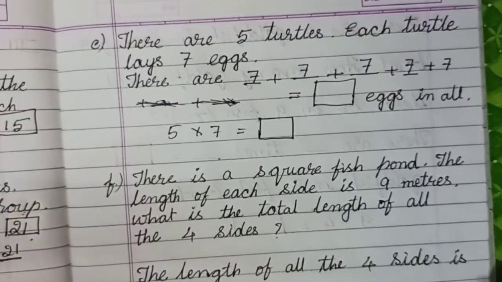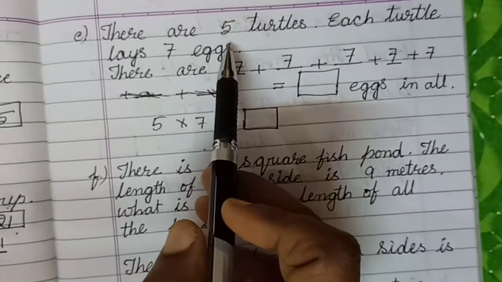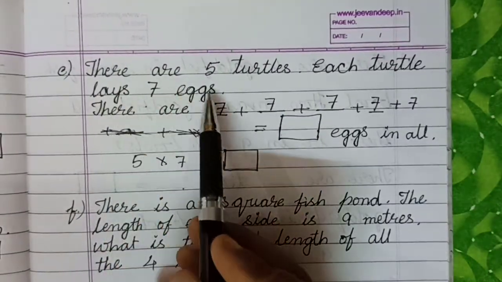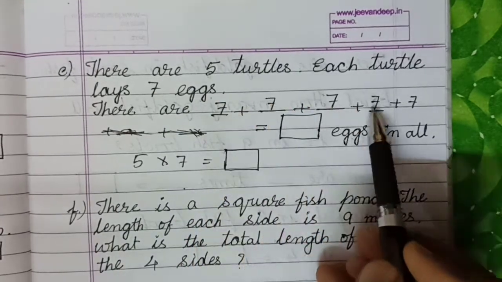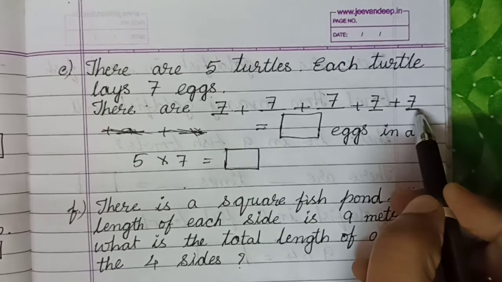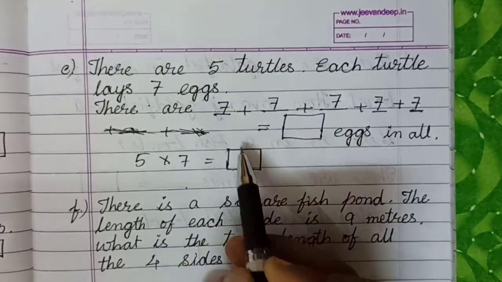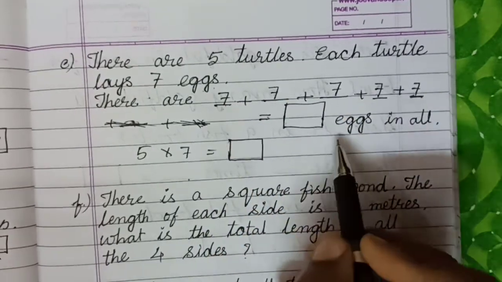Next, there are 5 turtles. Each turtle lays 7 eggs. There are 5 turtles, 1, 2, 3, 4, 5 groups. Each turtle lays 7 eggs. So you should write here 7 plus 7 plus 7. How many eggs in all?